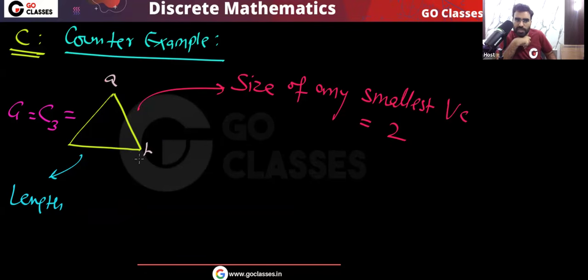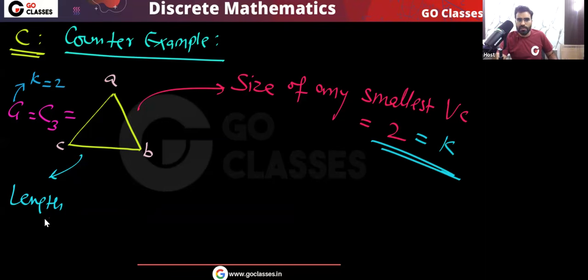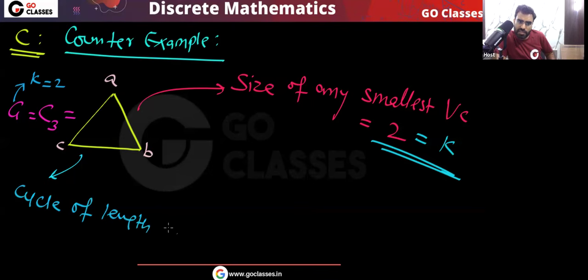I can take A, B, C. So you can see that the value of k is 2 for this graph. And this graph is basically a cycle of length k plus 1. This is a cycle of length 3.